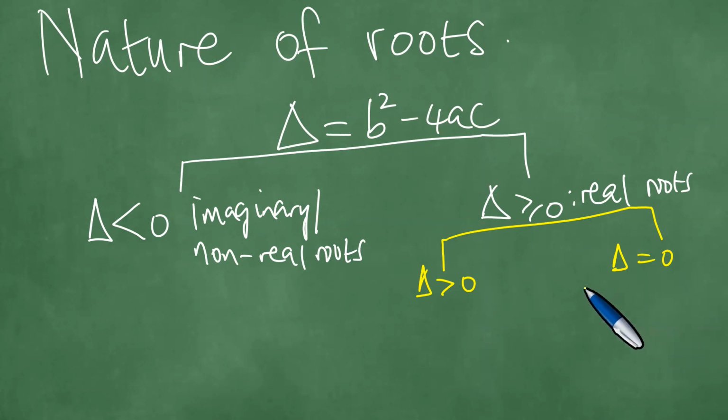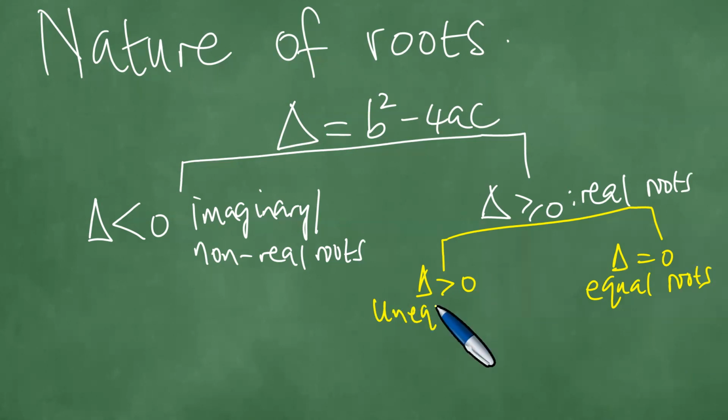If the delta is equal to 0, then we say we have equal roots. If the delta is greater than 0, you have unequal roots.